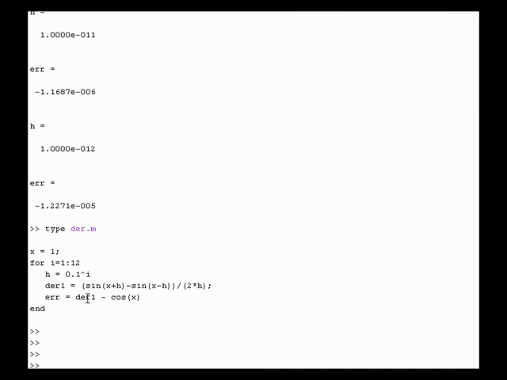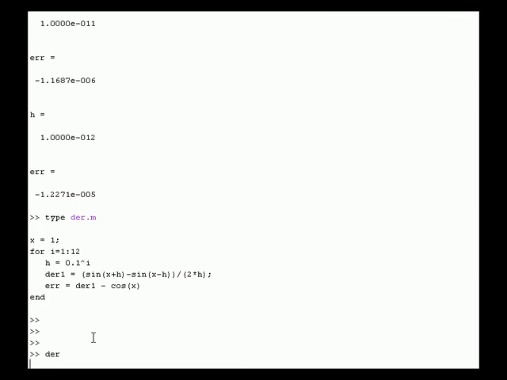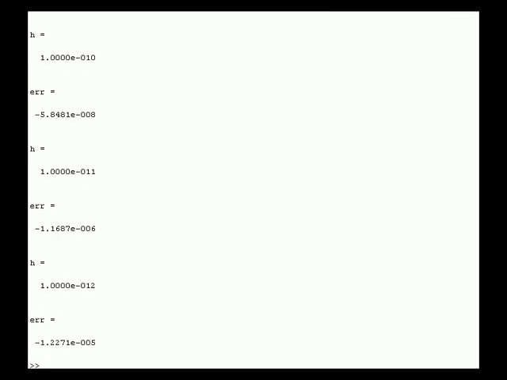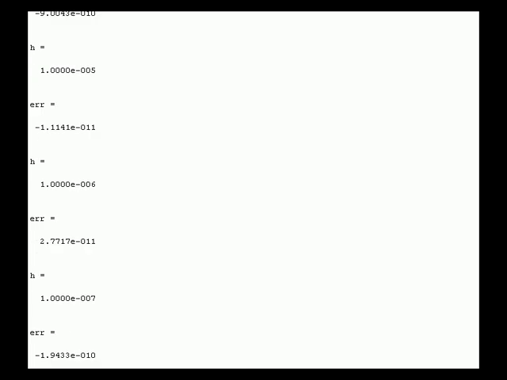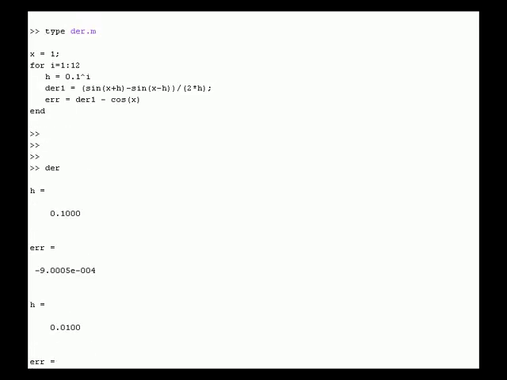And here's the error. It's this approximation minus the true derivative of sine, which of course is cosine, at x equal to 1. So let's try running this. It's beginning here.